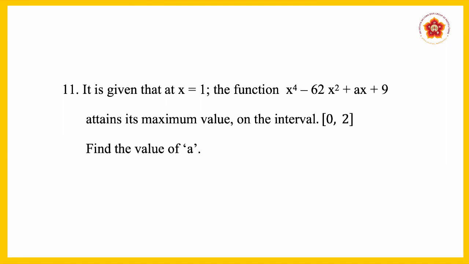The next problem says it is given that the function f(x) equal to x to the power 4 minus 62 x square plus ax plus 9 attains its maximum value at x equal to 1.